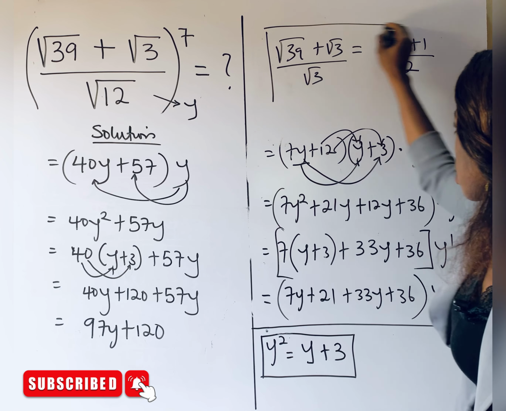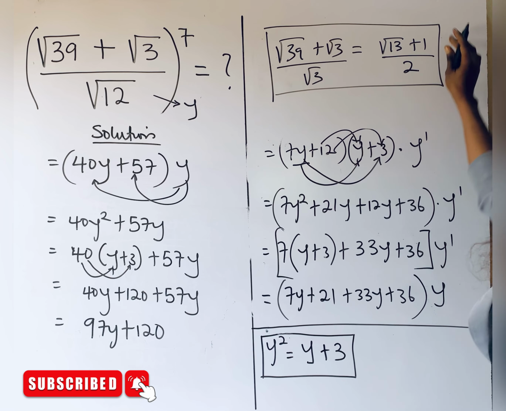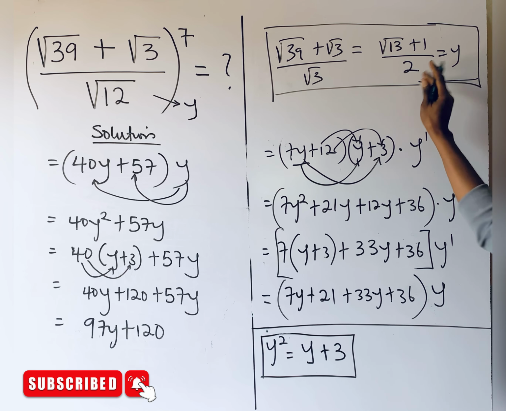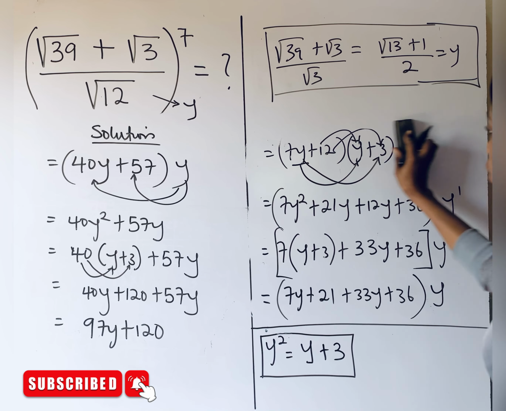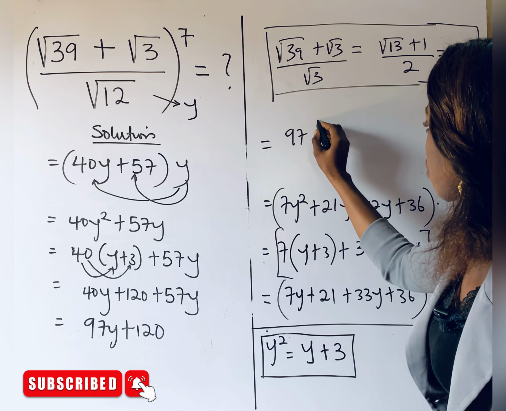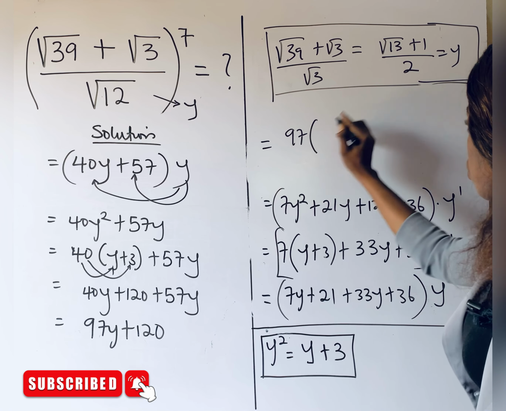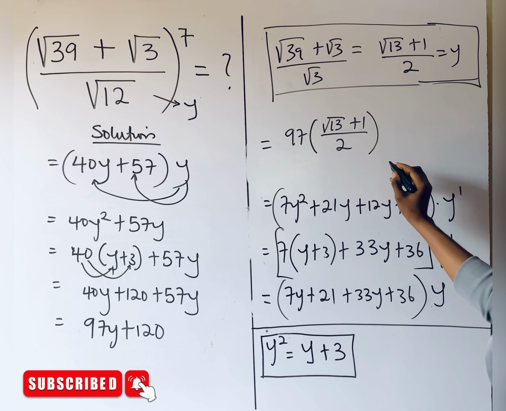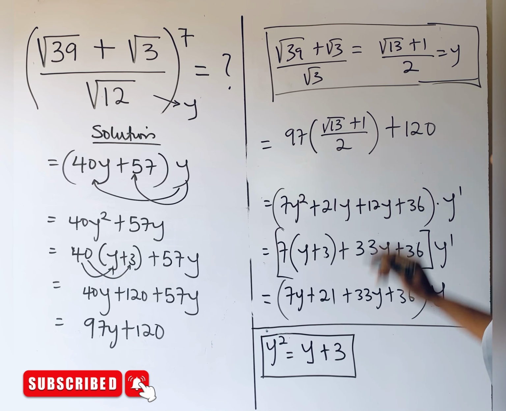Okay, this was what we simplified to have. And this is what we said is our y. I hope this is clear. So let's put it here. So if you do this, this is going to give us 97 into your y, which is square root of 13 plus 1 over 2, then plus 120.